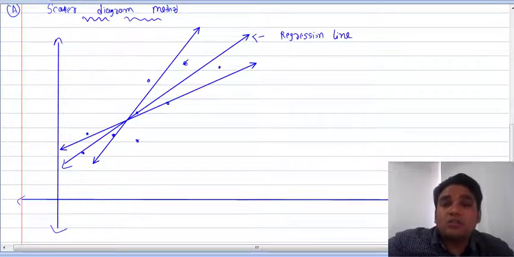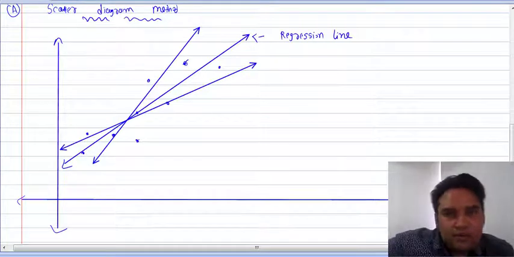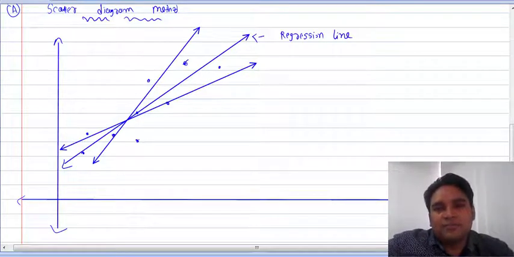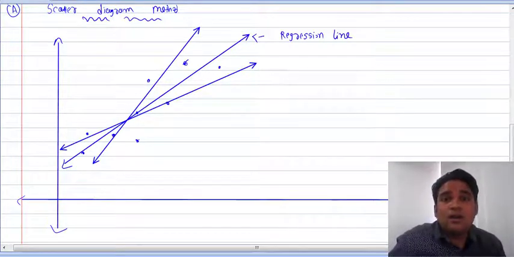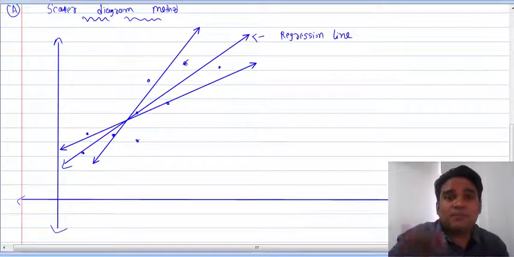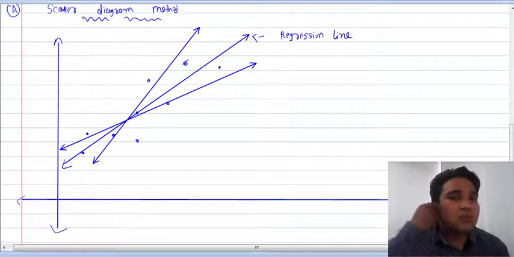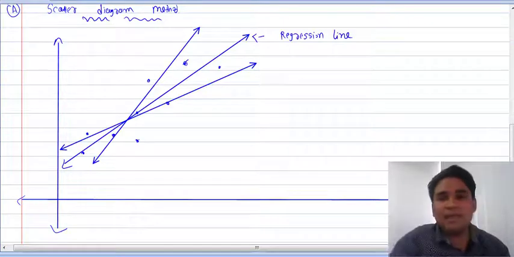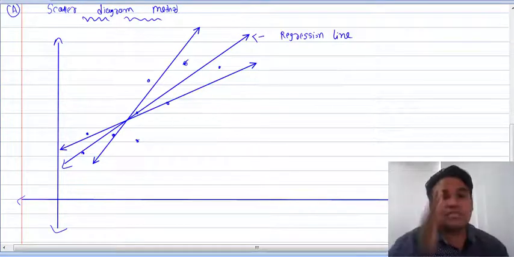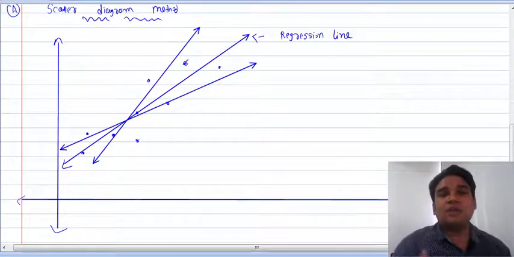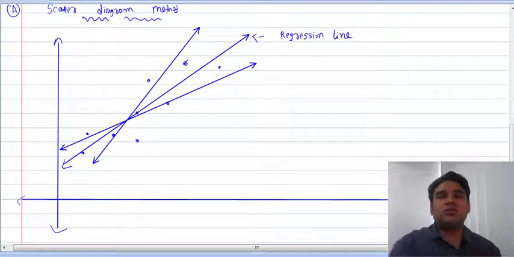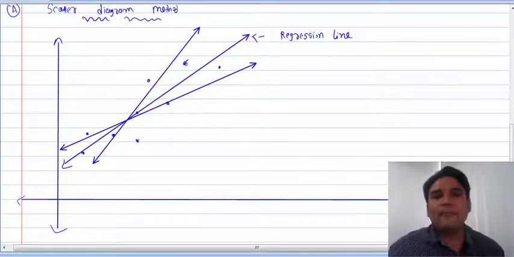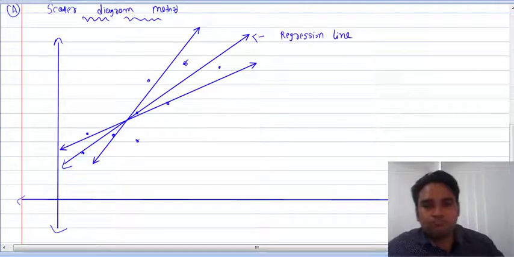We cannot trust that estimate. This is the main limitation of the scatter diagram. The scatter diagram concept is over here. When they ask you in theory to explain the scatter diagram method in the context of regression, you have to just explain like this only, right?